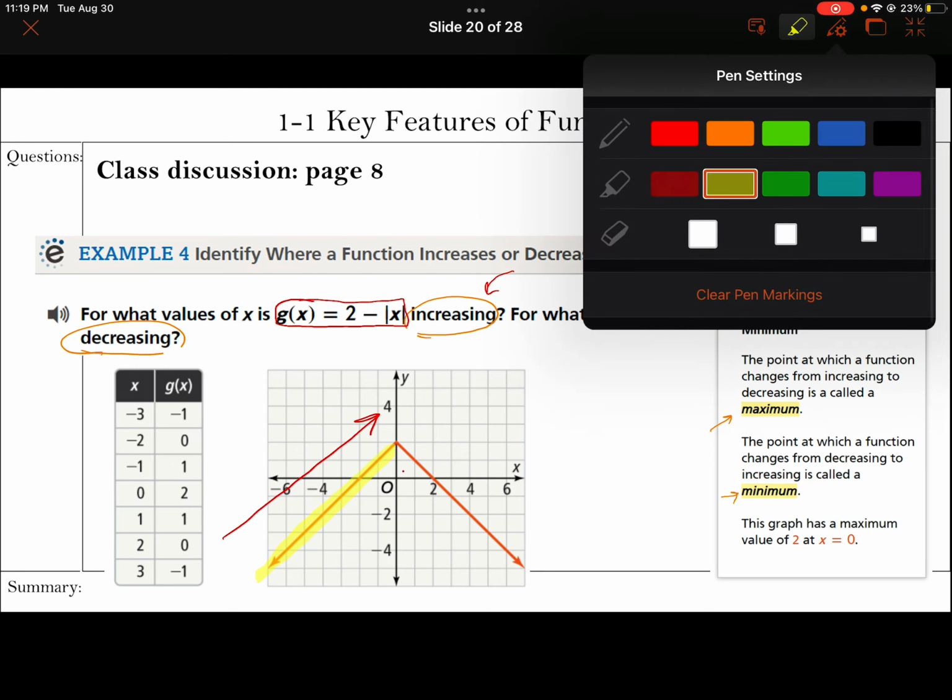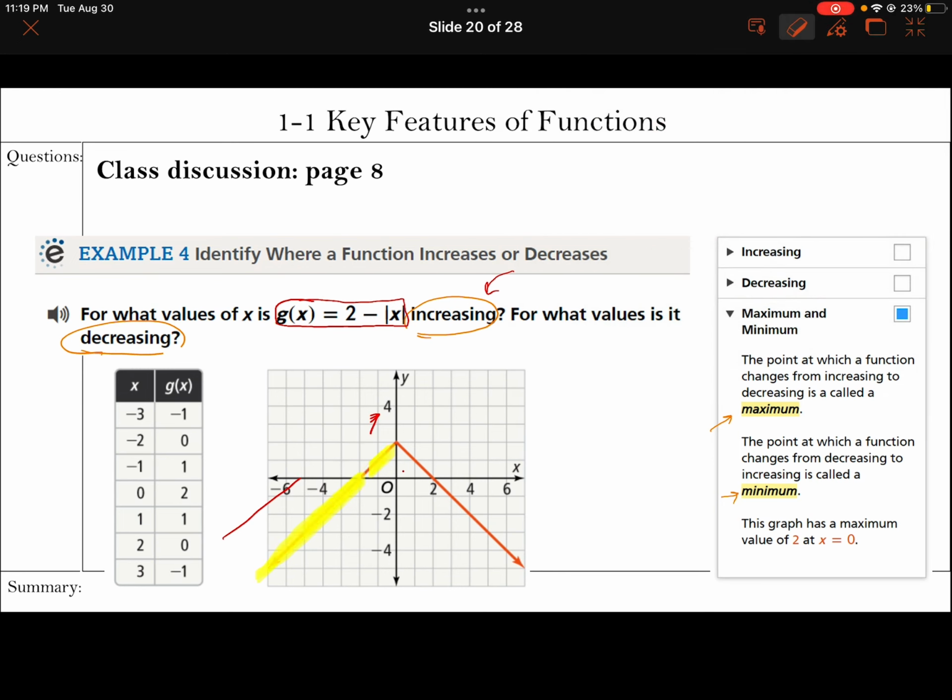So what is my interval for increasing? So we see that there's an arrow from the left. So that must mean it's going forever.